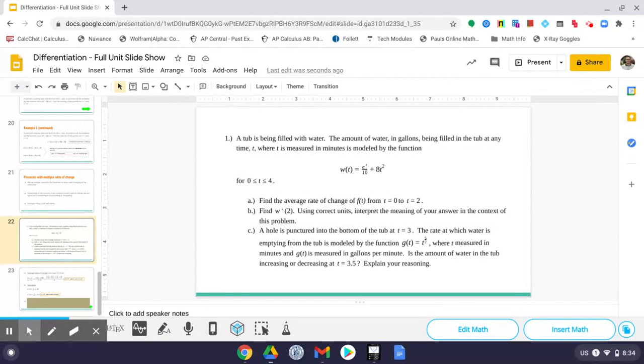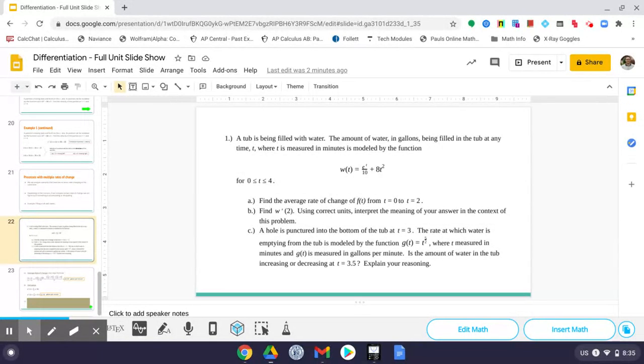Is the amount of water in the tub increasing or decreasing at t equals 3.5? We need to explain our reasoning. So here's the scenario. We've got water coming in. We know the rate at which water is coming in because we just found the derivative w prime of t. In this next piece, there's a hole punctured in the bottom of the tub, and water is coming out.